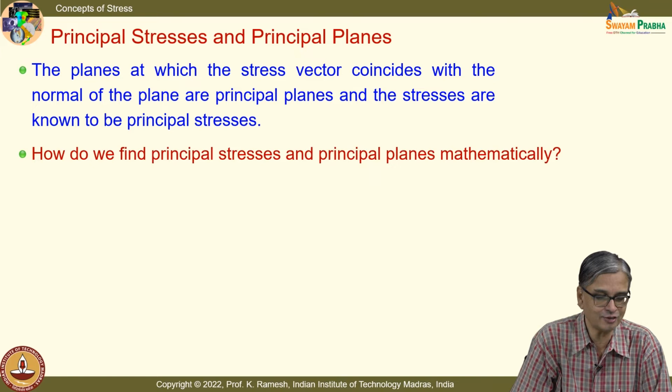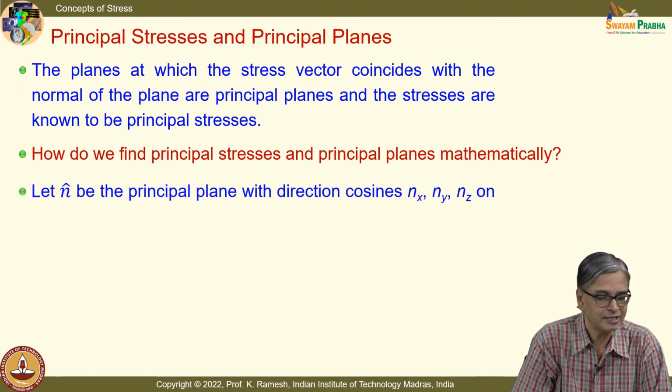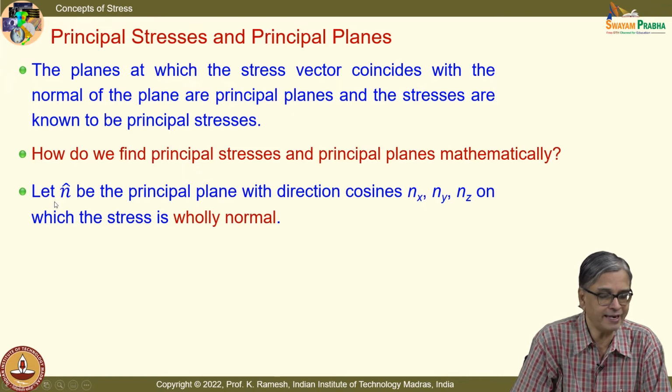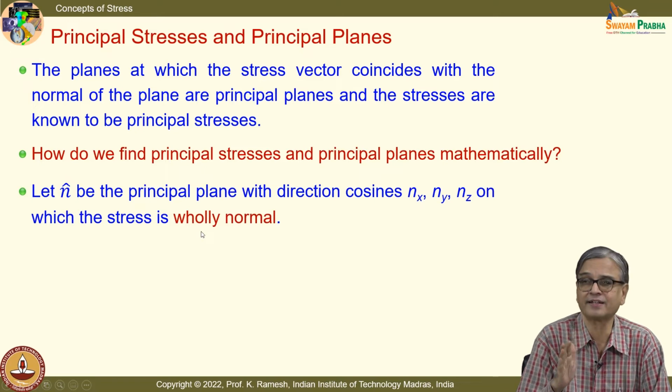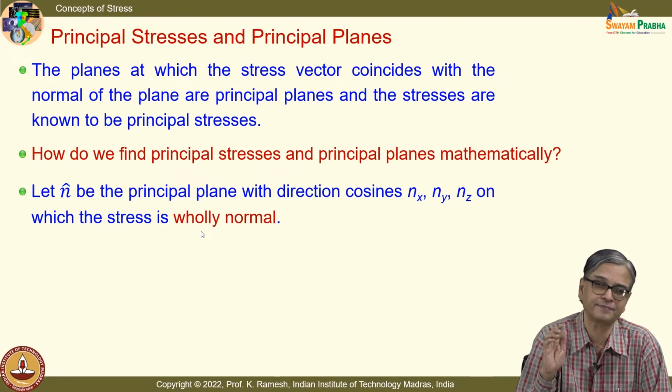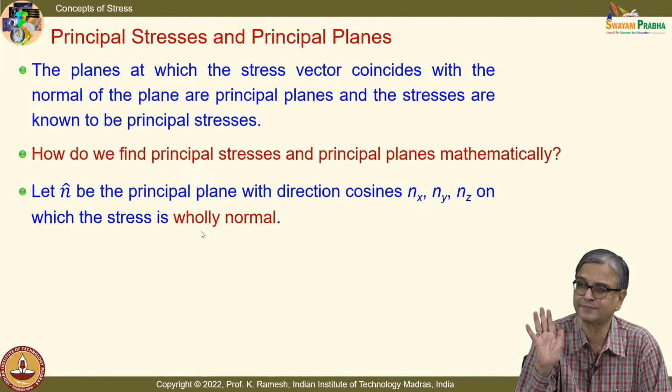Okay, now we ask the question mathematically and we specify the plane to be n, and the direction cosines are nx, ny and nz, and we also specify what is the stress vector. We have specified that on that plane I have only normal stress component. So that means the stress vector is specified, there is no shear stress component.